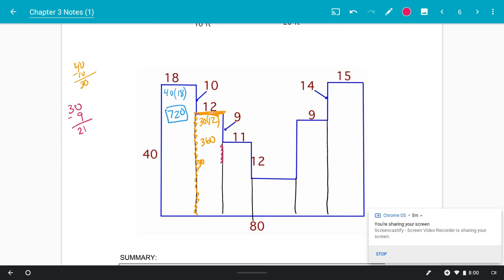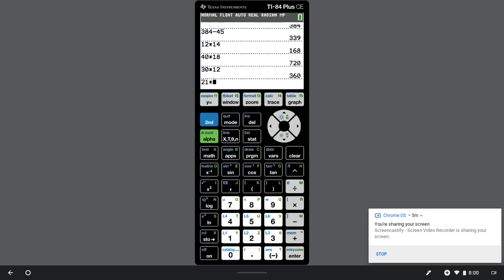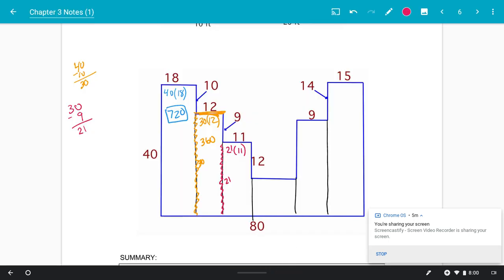So that means this part right here is 21. So we're going to go 21 times 11, and we find that the area is 231. Forgot to put this one in a box.